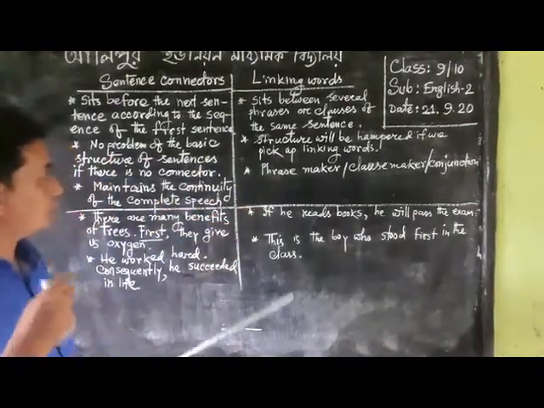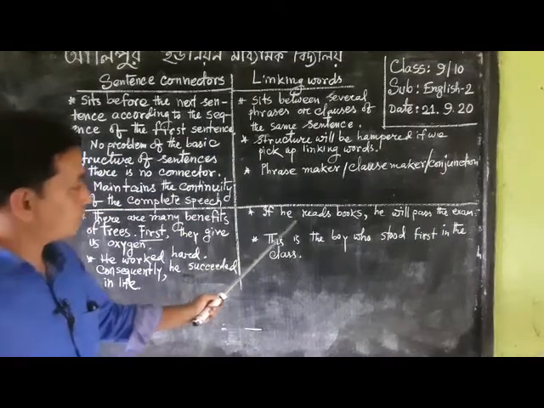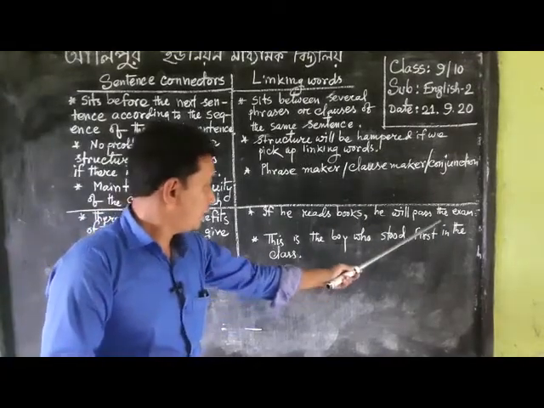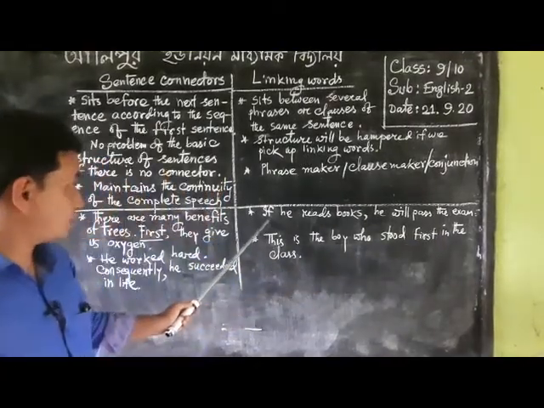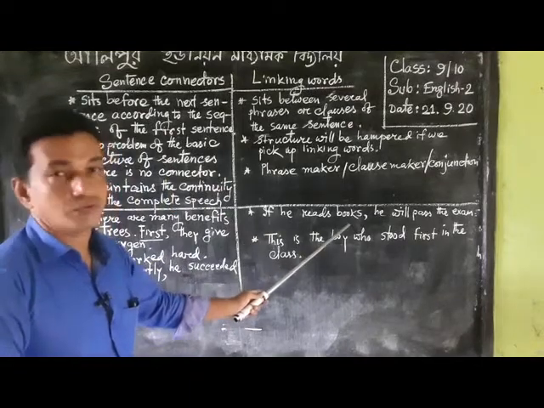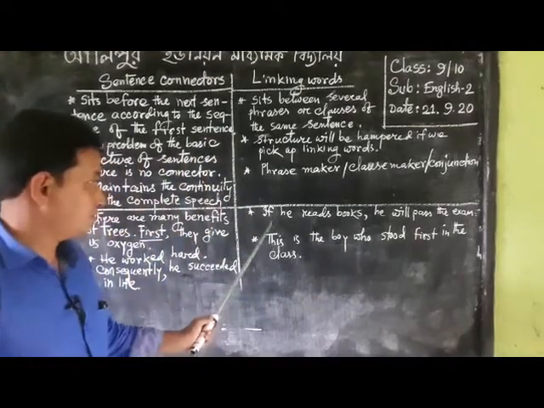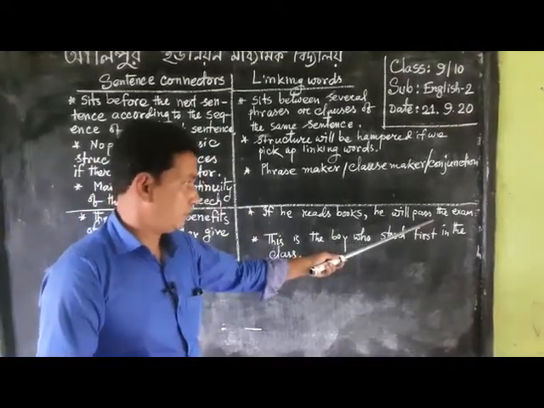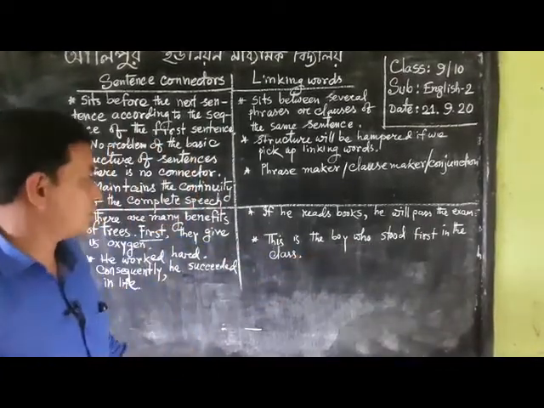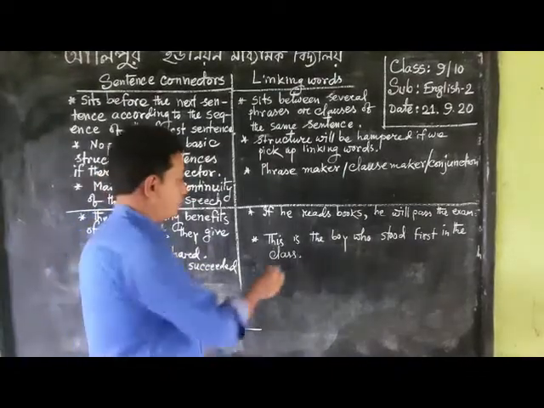Okay, dear students, and on the other side, linking words. We should look at the blackboard. There is a sentence: if he reads books, he will pass the exam. This is a complete sentence, and we have noticed that there are two clauses.